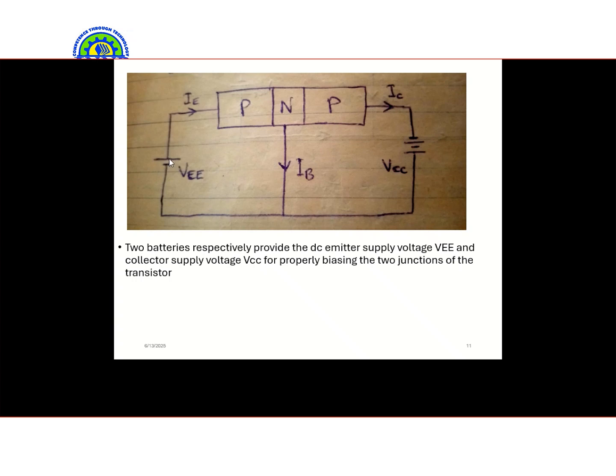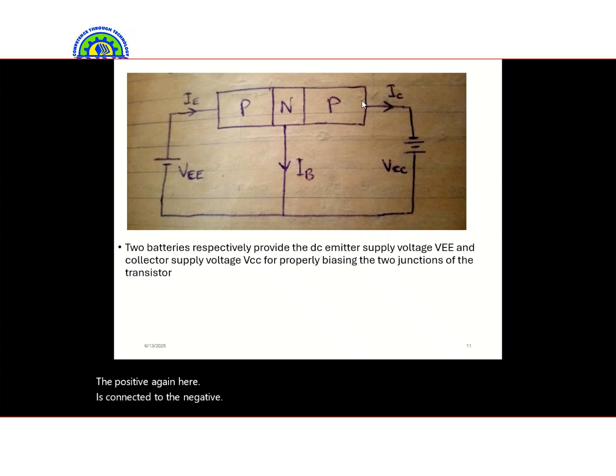The positive of our power supply is connected to the positive of the PNP, and the negative here is connected to the negative.